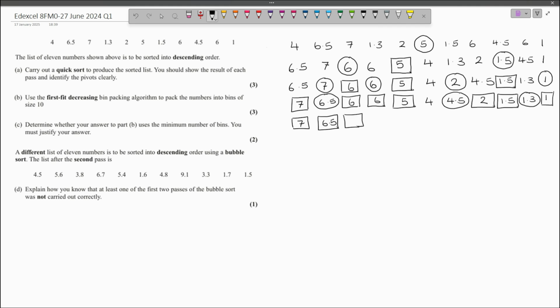We're now going left to right until we hit another sublist. And we've got one now with sublist 4 and 4.5.